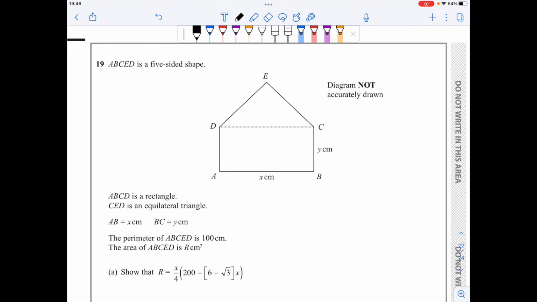In question 19, the triangle I'm given is equilateral, so all angles are 60 degrees and all sides are equal. This is x because this is an x, and then the other two are equal to the base. And I need to find the area. Now the area of the triangle is given by the following formula.